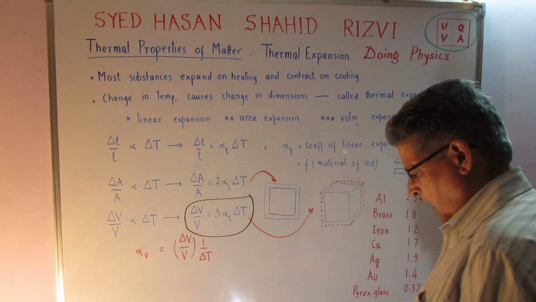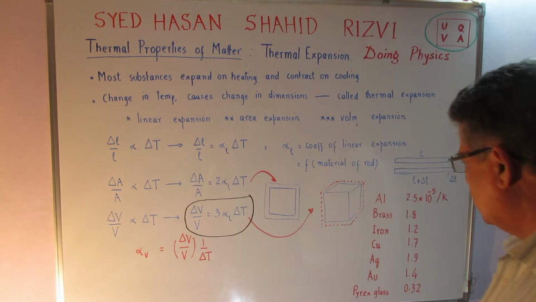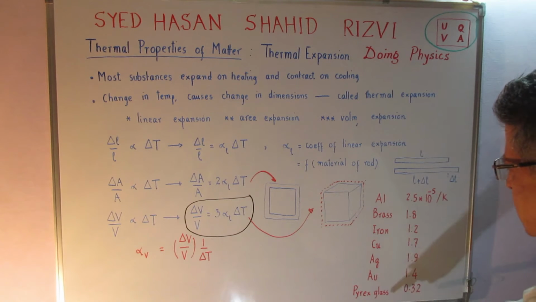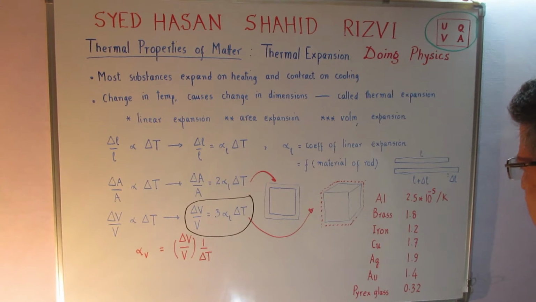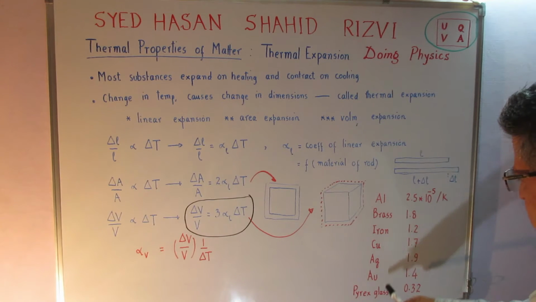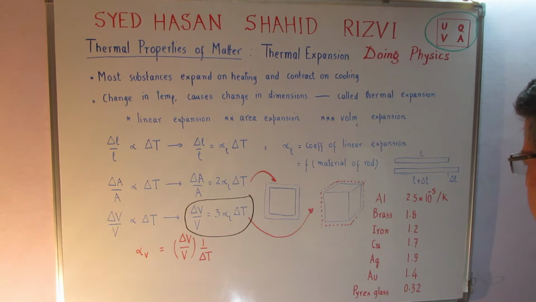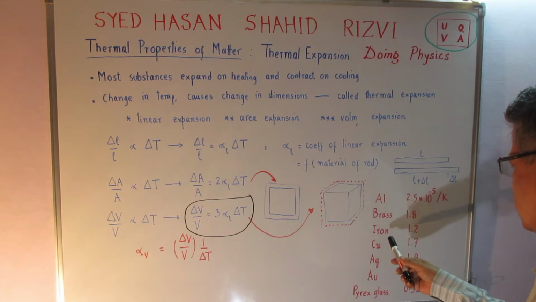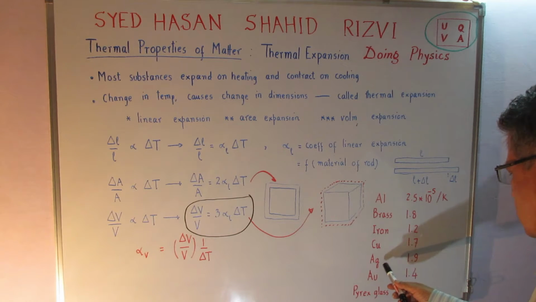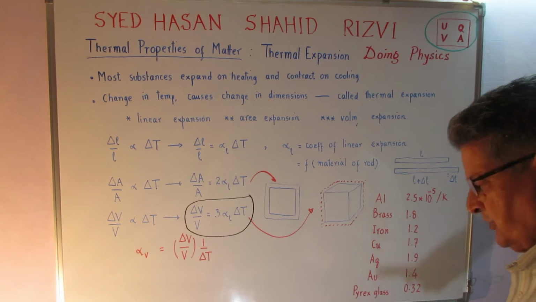Okay. We can look here. Here I have just given the value of alpha L for various materials, starting from aluminium, brass, iron, copper, silver, gold, pyrex glass.